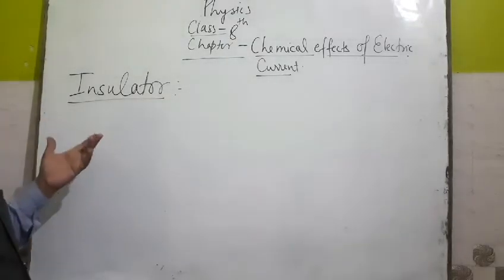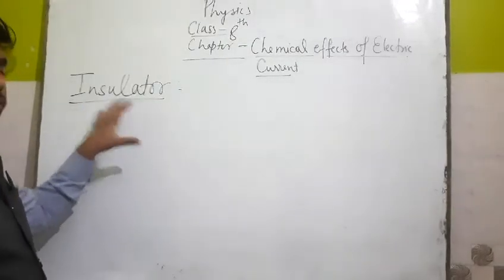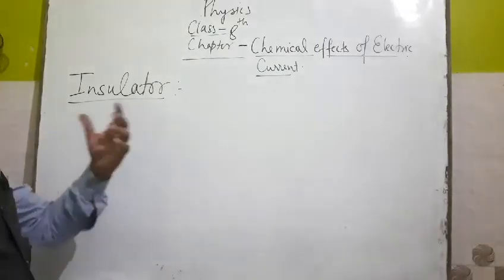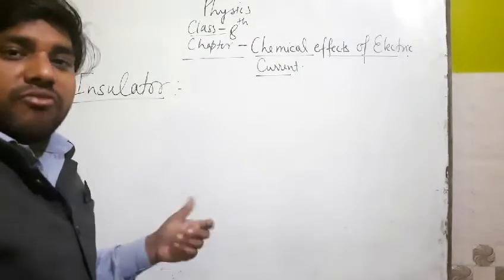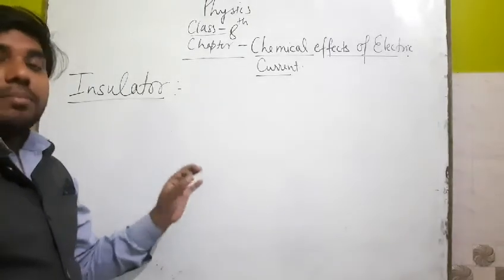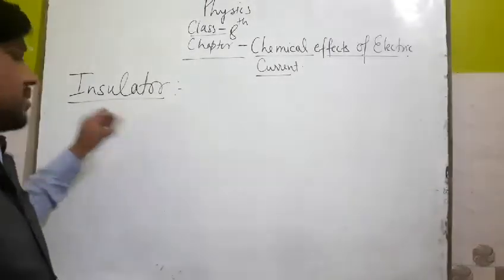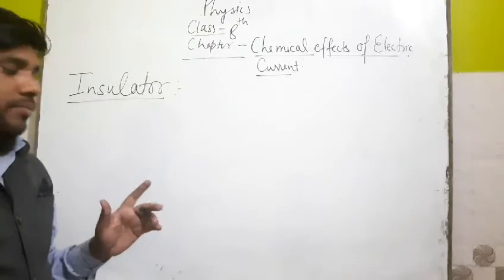Means the substance which does not allow electric current to flow through it is known as an insulator. ऐसा substance जिसके through electricity pass नहीं करती है, that substance is known as an insulator. Understood?